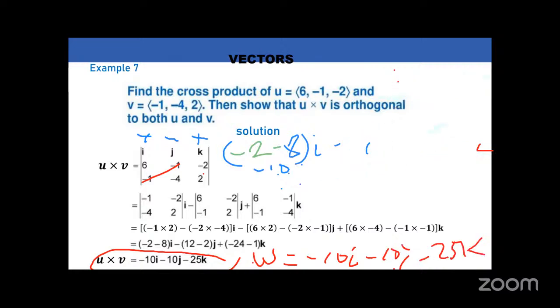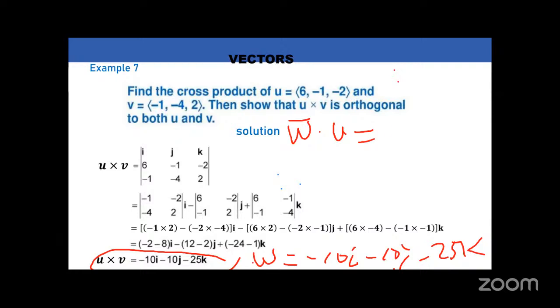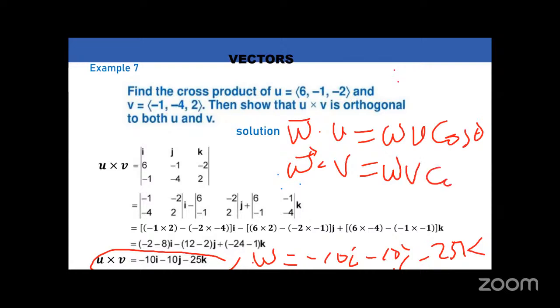So to show that W, which is U cross V, is orthogonal to both U and V, it implies that we'll have a setup such as W dot U is equal to W U cos theta. Then W dot V is equal to W V cos theta.